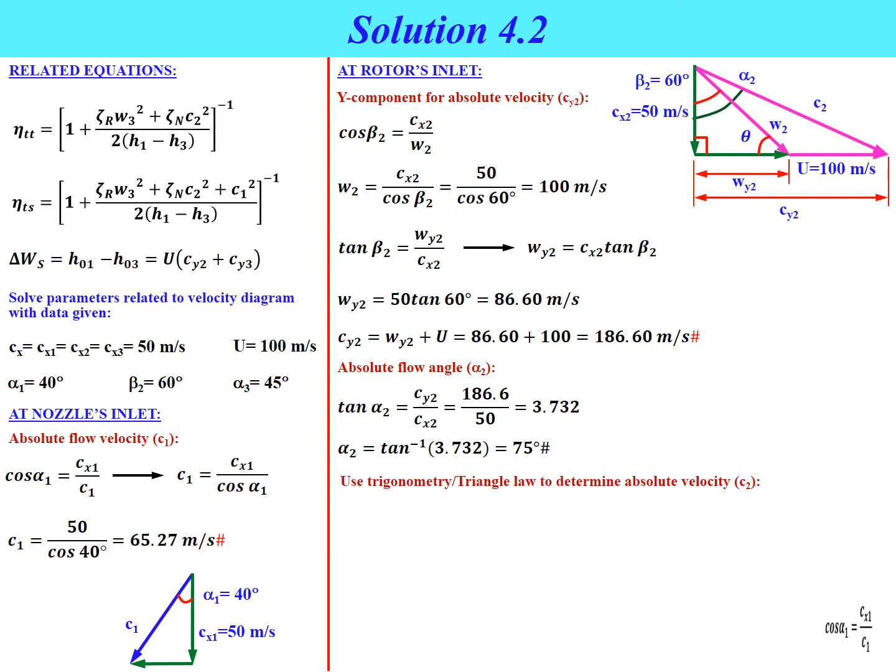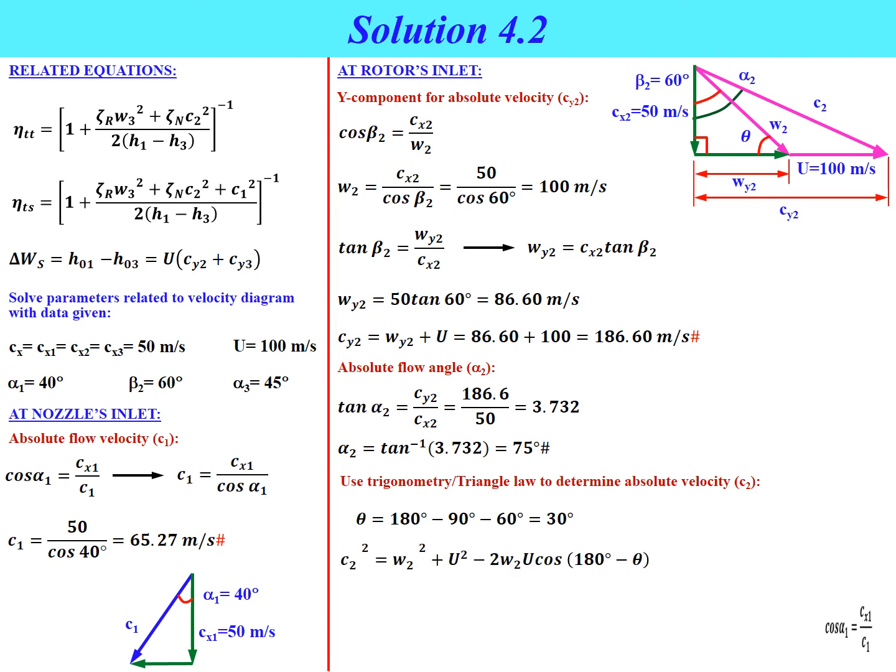By using the trigonometry or triangle law to determine the absolute velocity C2, first we need to know the value of theta. So theta actually equal to 180 degree minus 90 degree minus 60 degree. So we get the theta value equal to 30 degree.